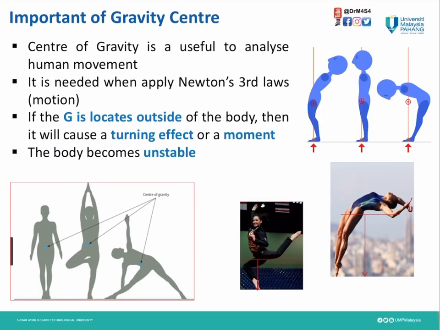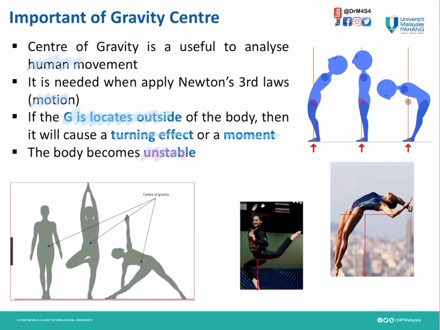So what is the importance of the center of gravity? It's important to analyze human movement, and it is needed to apply Newton's third law, which is motion. If G is located outside of the body, it will cause a turning effect or moment, and the body becomes unstable.